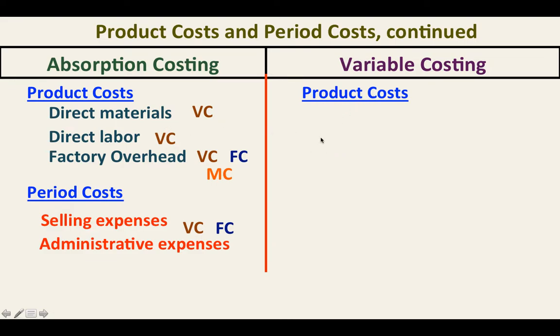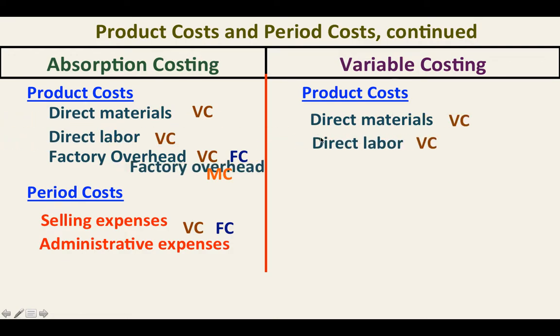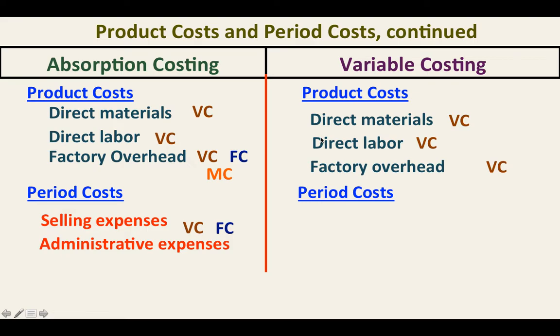So, in this case, direct materials, that is variable. Direct labor, that is variable. Factory overhead, na variable cost. Okay? At ang period cost natin, yung factory overhead na fixed cost. Okay. So, paano mangyayari sa mixed cost? So, that's the reason why we have studied that the mixed cost will be, we need to get the variable cost component and the fixed cost component.